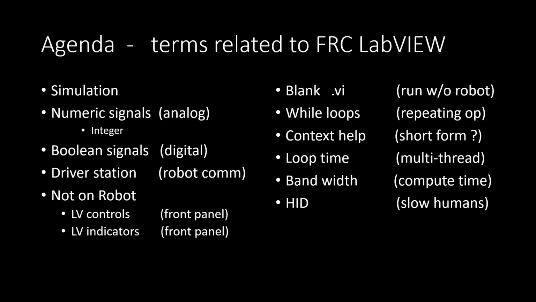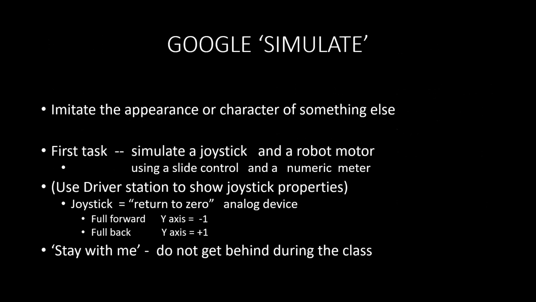And again, what we're doing is simulating different systems in the robot itself. Then we're going to be talking about while loops, context help, loop time or repeat time, bandwidth, and then human interface devices, all of which have a part in the world of robots.